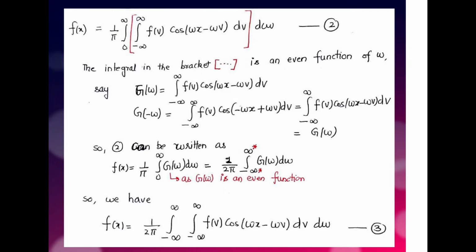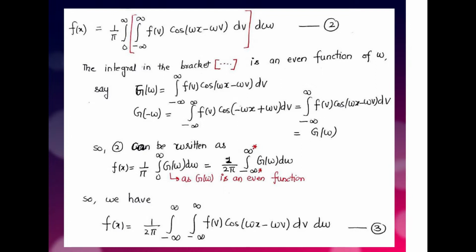I'm not writing x here because throughout this integration we are treating x as constant. Only v and w are variables. So after integration we substitute the limits of v, minus infinity and plus infinity, and we have just a function of w. Now replace w by minus w.